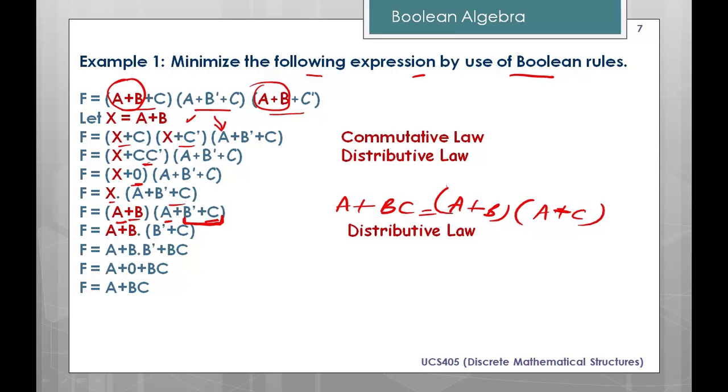Now a we can write out here plus b, and this term is one common term, we are assuming it. So this is about the distributive law. So apply it, a plus b into b bar, just simply open it, plus bc. So b into b bar is 0, a plus bc. That is the final minimized expression.